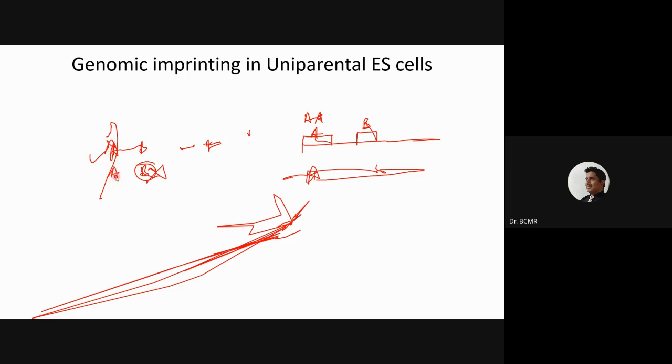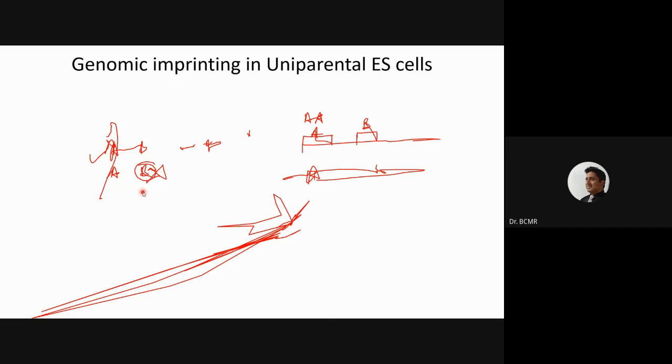If it is a normal one, you will have one copy of A expression. One is repressed and one is expressed. And in the case of alleles B, one is repressed and one is expressed. So you'll have 1X expression from these normal zygotes.